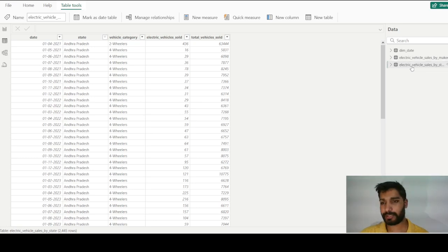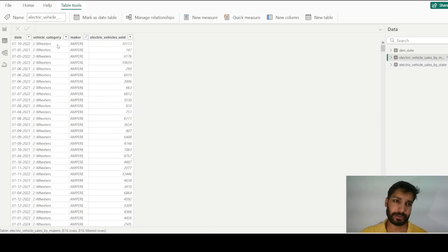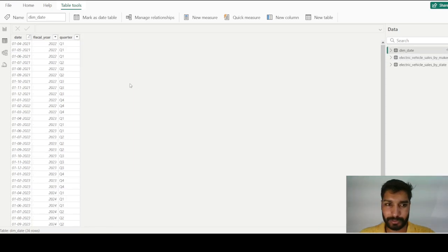In the second table we have vehicle category, maker, which is about which company is implementing this product, electric vehicle sold, and date. The third is dim date. Dim is basically about dimension tables, and the other two are both fact tables.